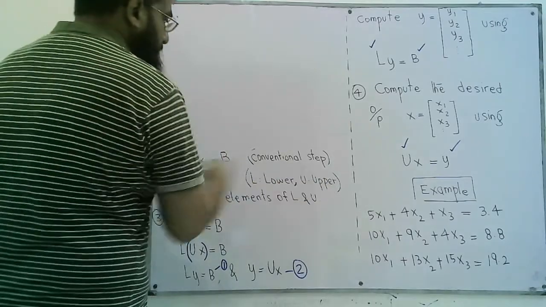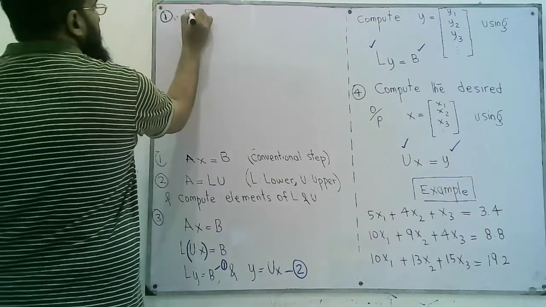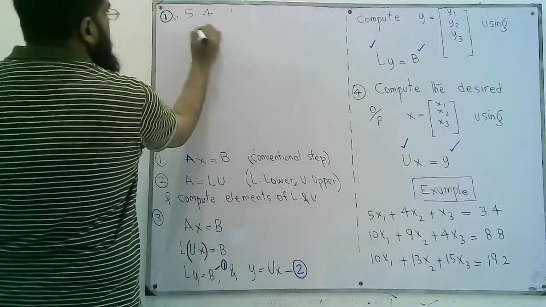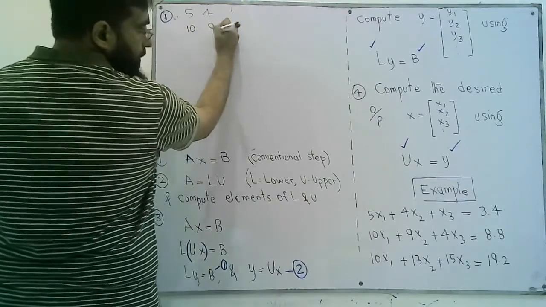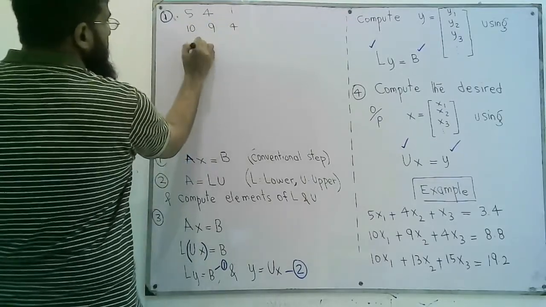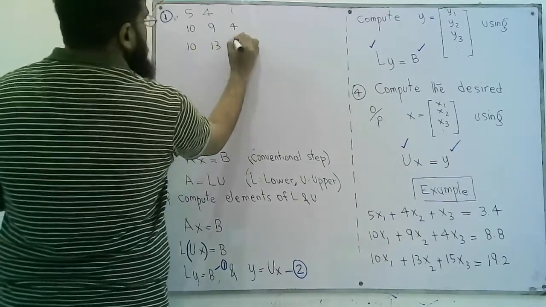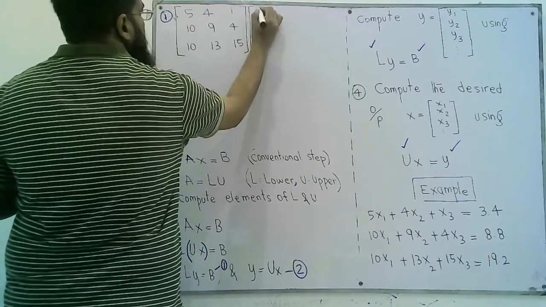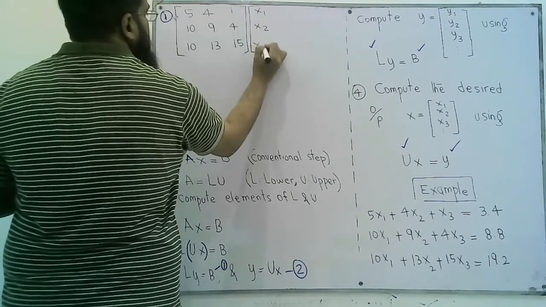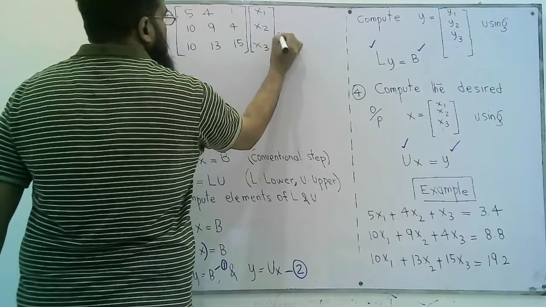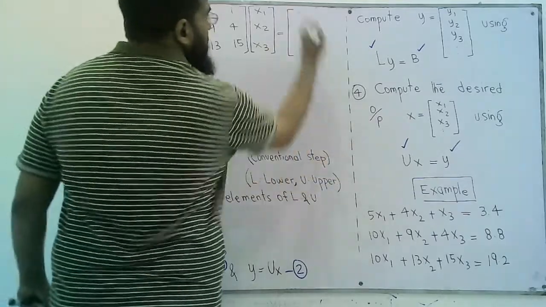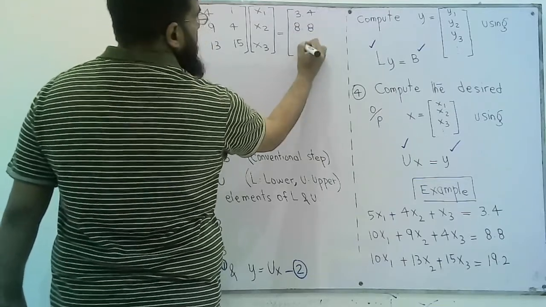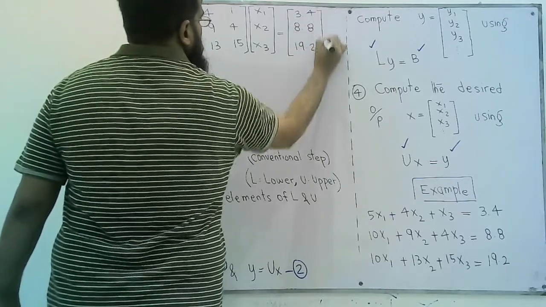A is the matrix of coefficients 5, 4, 1, 10, 9, 4, 10, 13, 15 times x, that is x1, x2, x3, is equal to b: 3.4, 8.8 and 19.2. So this is the first step.